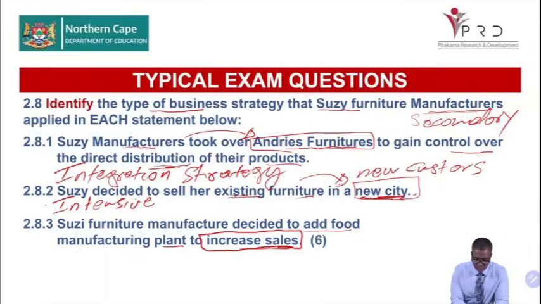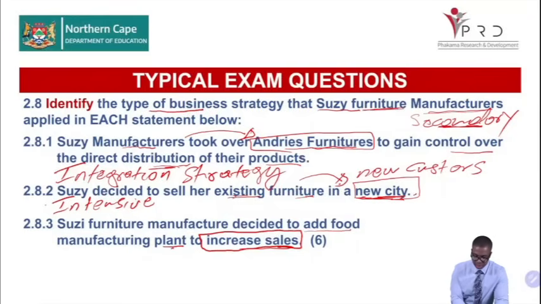Then another one is Suzy Manufacturer decided to add food manufacturing plants to increase sales. So the adding of food plant, remember which sector? Suzy is operating in what sector? Secondary sector. But what is Suzy manufacturing? Furniture.